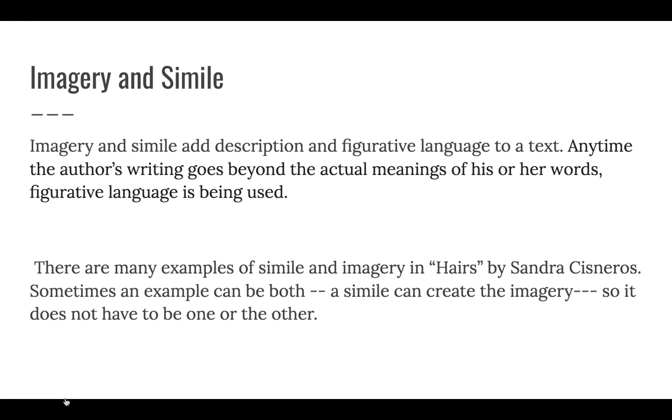There are many examples of simile and imagery in the short story Hares by Sandra Cisneros. Sometimes an example or a line can be both. A simile can create the imagery, so it doesn't necessarily have to be one or the other.